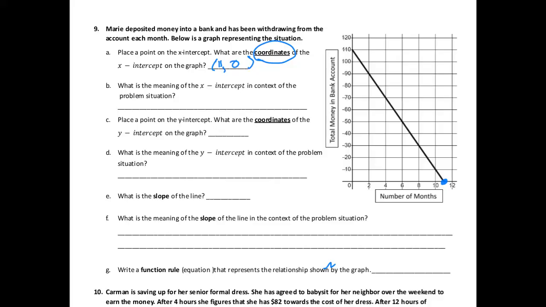What is happening at that point? And since it has 2 coordinates, you should be talking about each one. The number of months and the money in her account. Okay? So, you could say something like after 11 months, comma, Marie had no money left in the account.